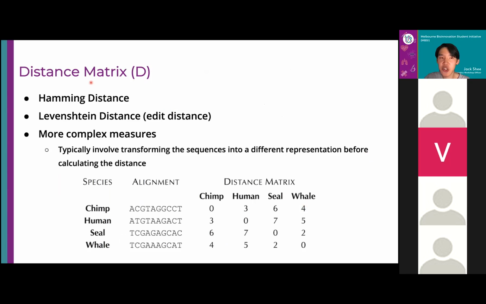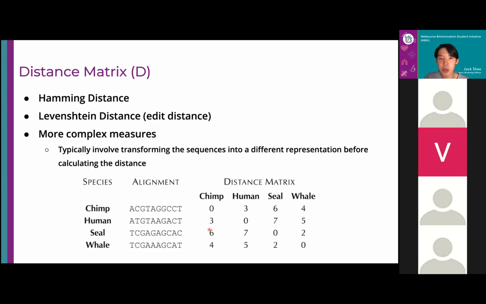So I've already mentioned that we have this distance matrix, and each entry of the matrix represents a distance between two sequences. So for example, we have something called the Hamming distance, which simply represents how many nucleotides or how many characters are different between two sequences.